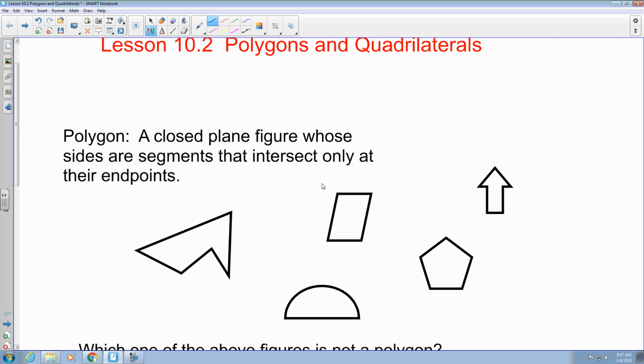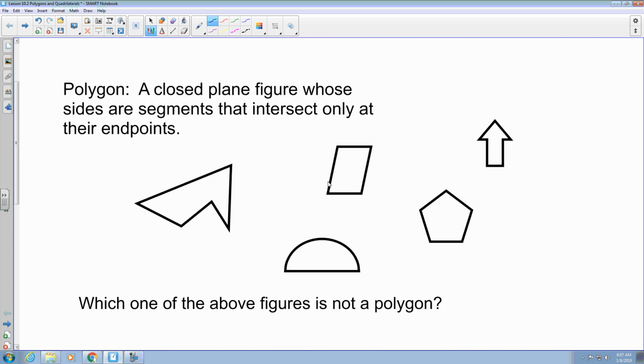Okay, so what we can say here is we have several different figures shown here. And the one thing that we have to keep in mind is, do we have any line segments? And I can say yes to this figure here.